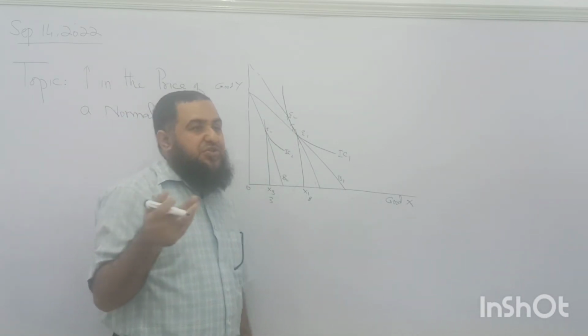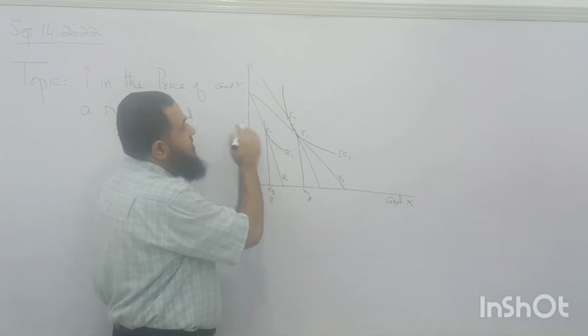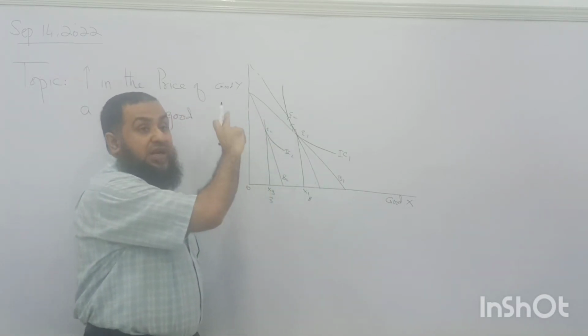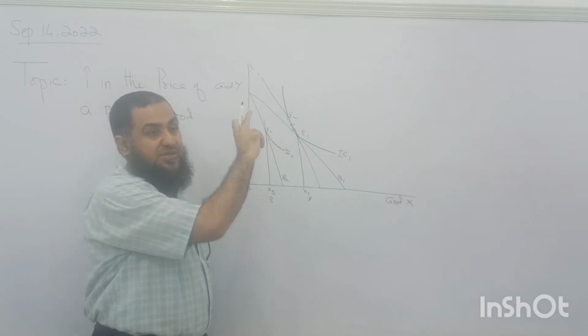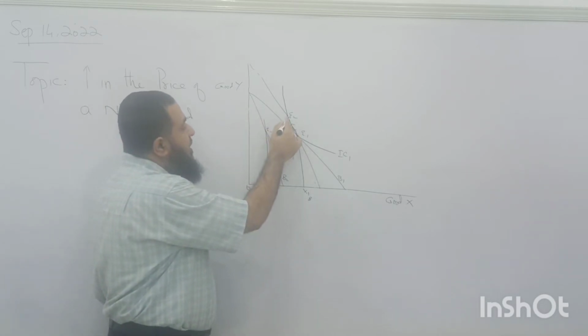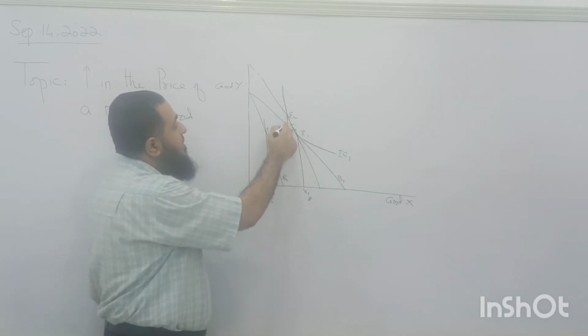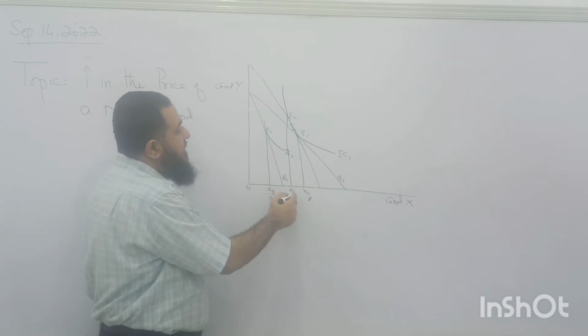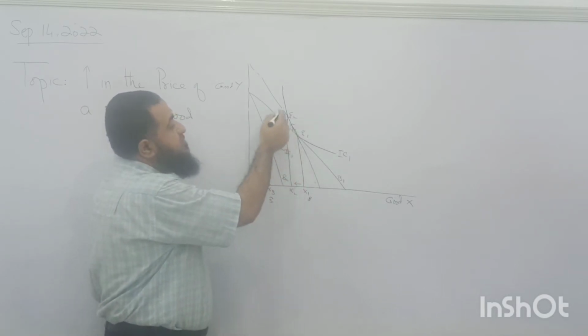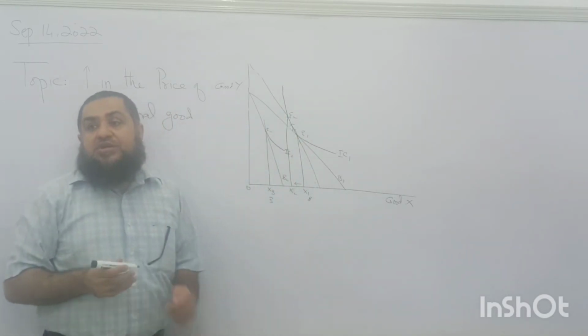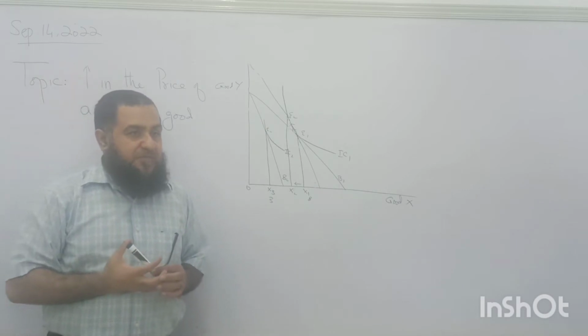He is substituting X with Y because Y is now relatively lower priced. So from the movement of the consumer from E1 to E2, how much is the movement? From X1 to X2.